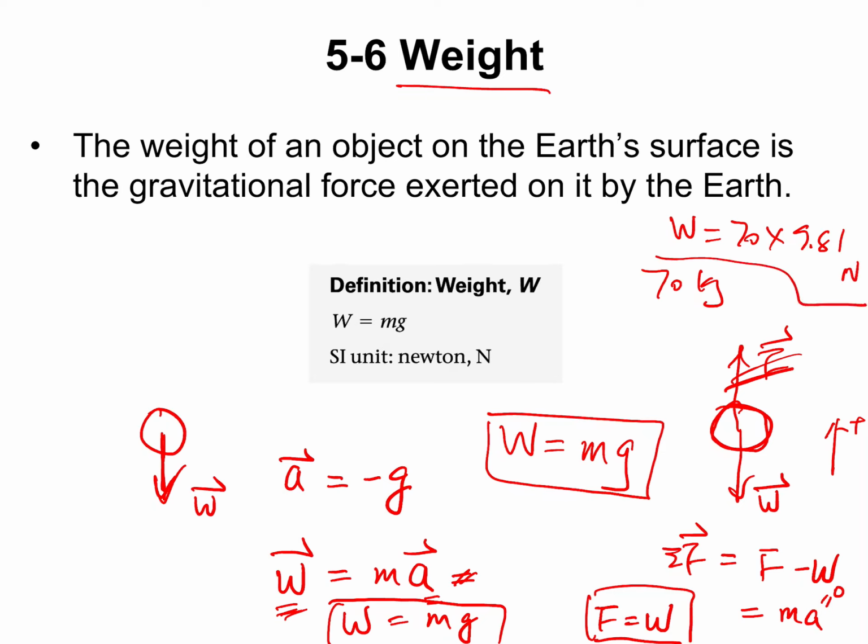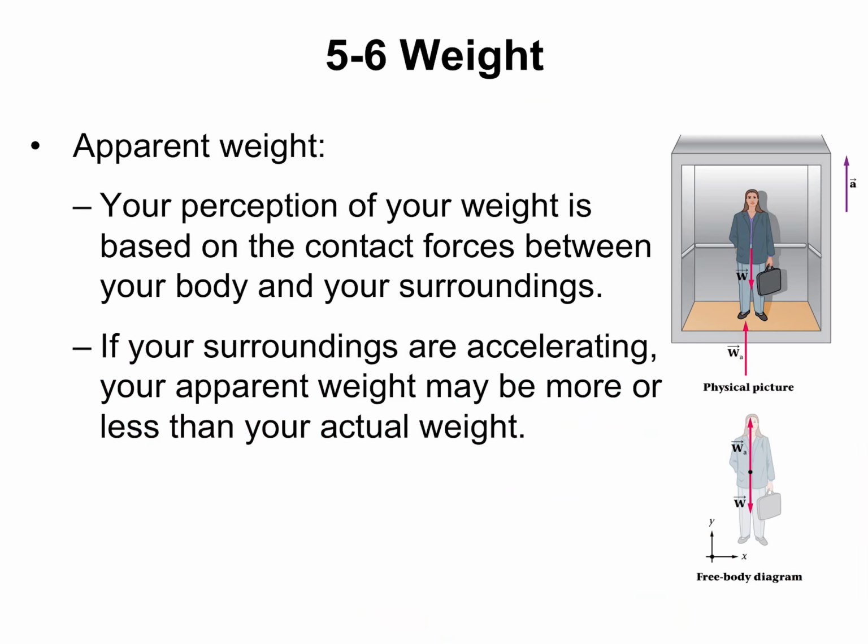You can turn weight to pounds by multiplying Newtons by 0.225. All right, so that's weight.